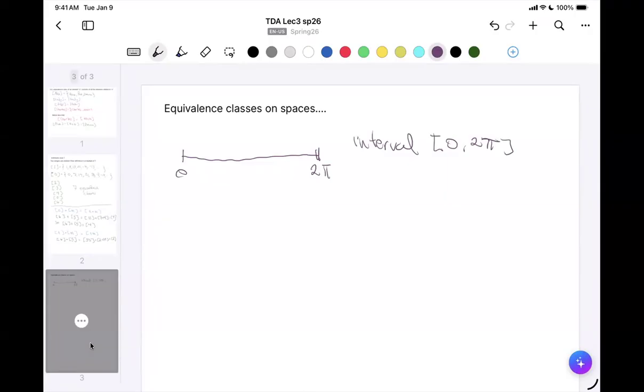And the equivalence class will be the following. It's going to be a very simple equivalence class.